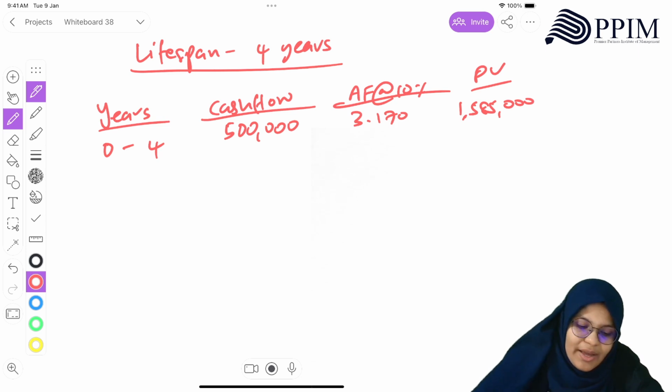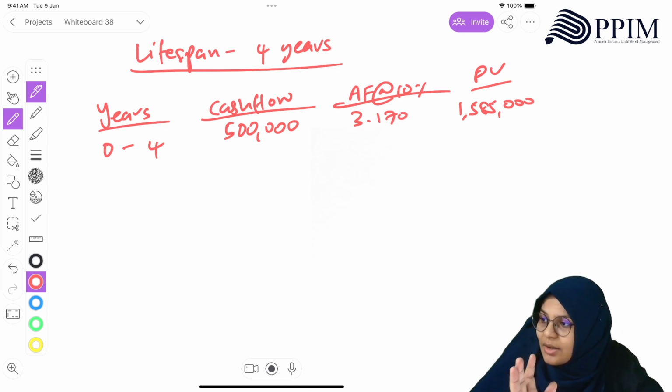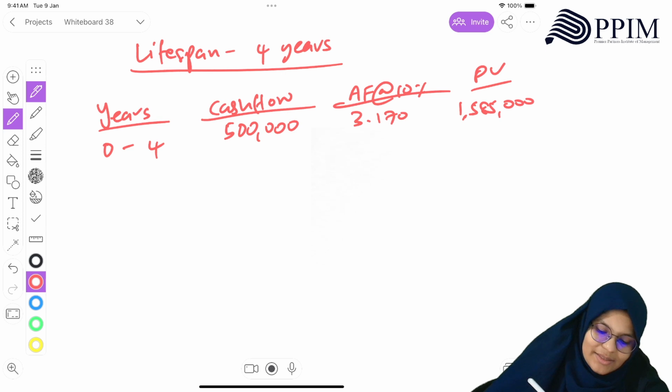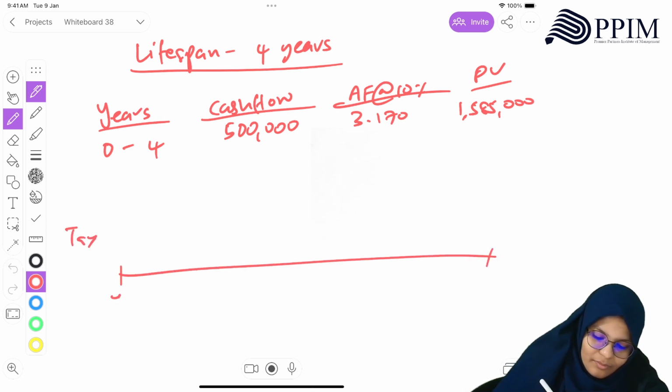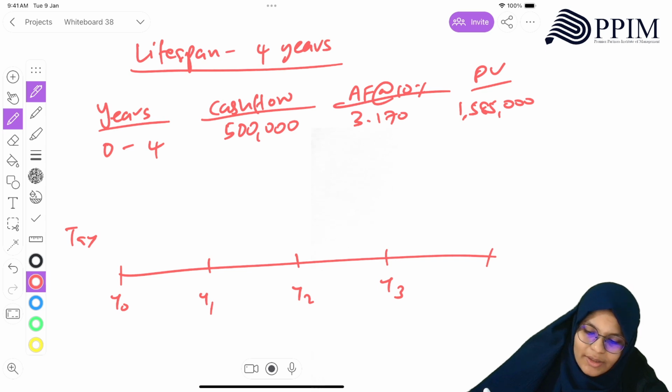So that means now there are 4 years anyways, right? But we don't start paying tax in year 0 itself. We are going to pay 1 year later. Okay. So that means I'll just draw the timeline for tax. Year 0, year 1, year 2, year 3, year 4 and year 5 also I need.